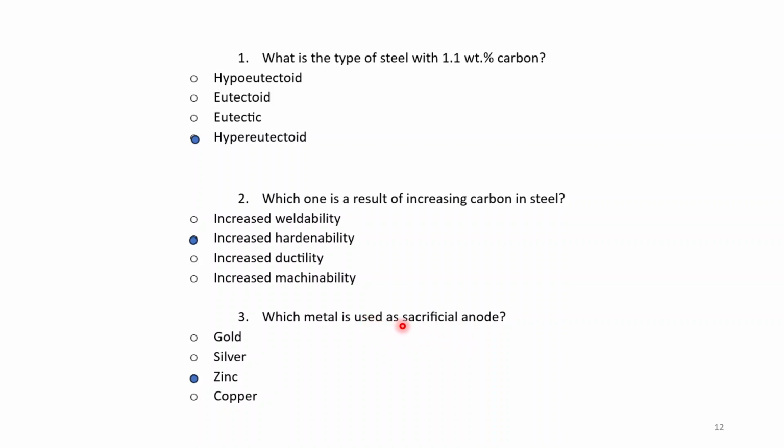So this material should be highly reactive. Out of these materials, gold, silver and copper are all highly noble in nature. So these materials are not likely to get corroded. So zinc will be one of the materials that you can use as sacrificial anode.